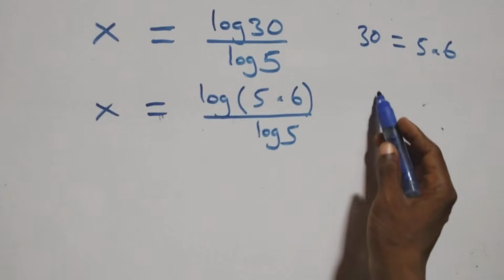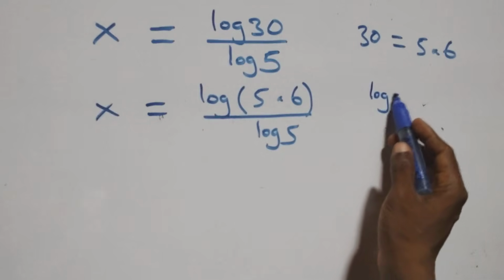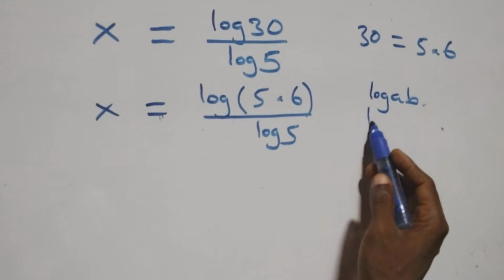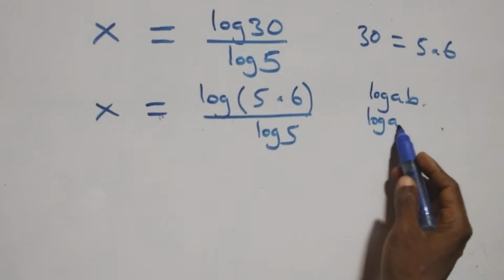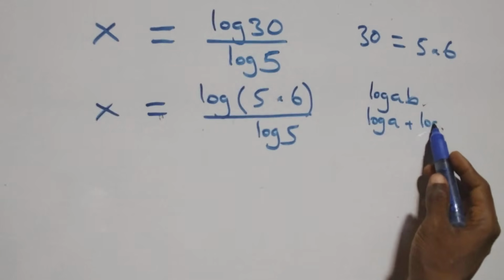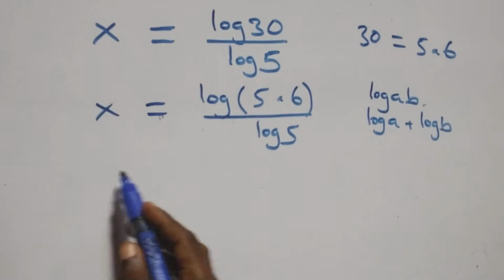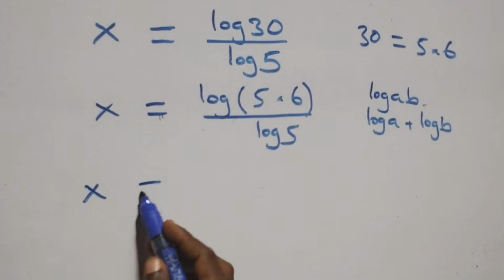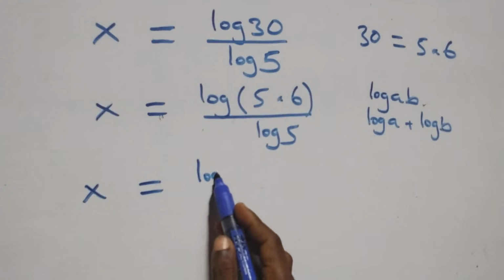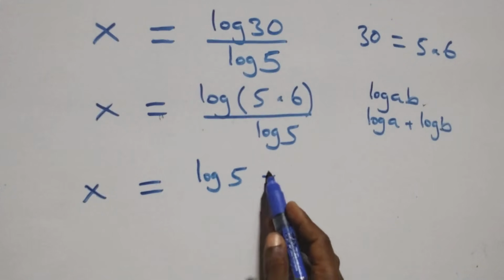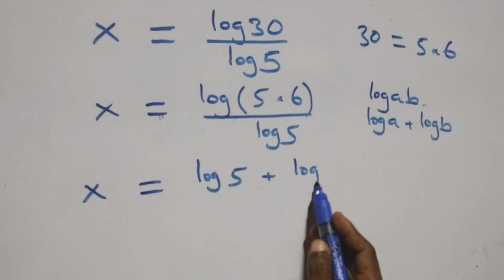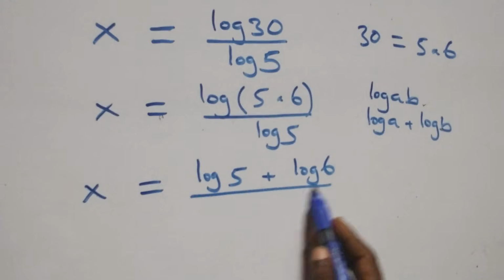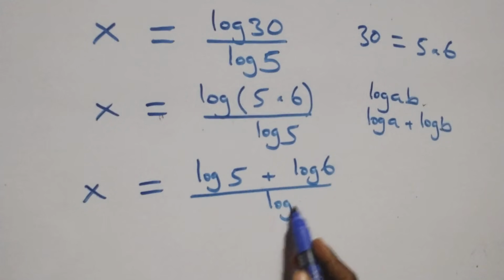Then we apply the law of logarithm here. When we have log a times b, it is the same thing as log a plus log b. And here we have x equals log 5 plus log 6 over log 5.